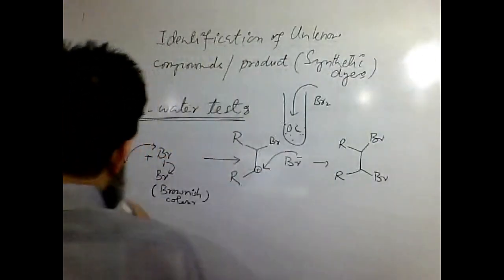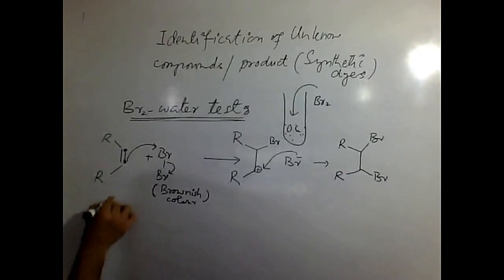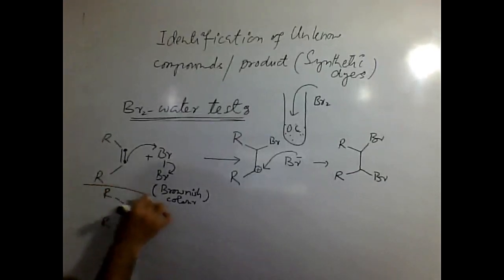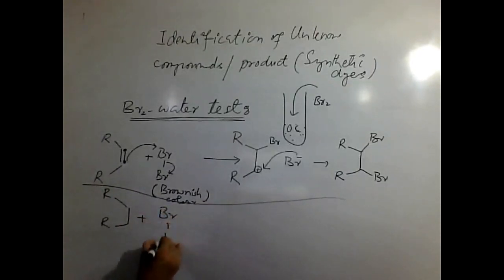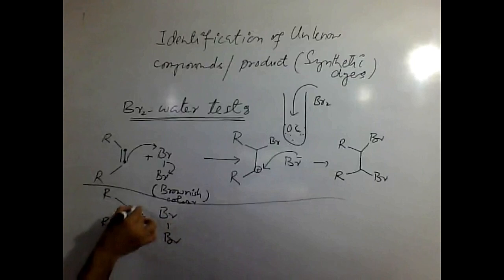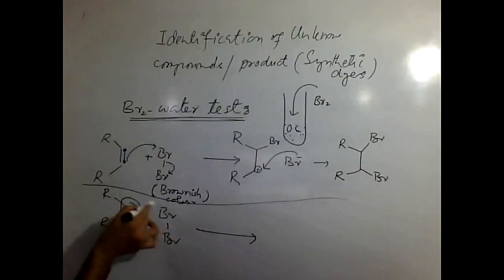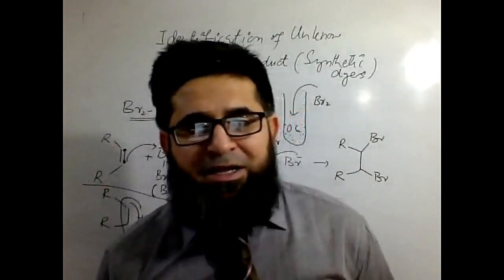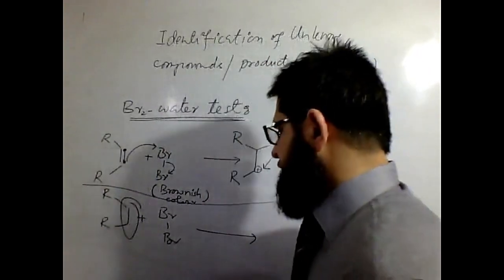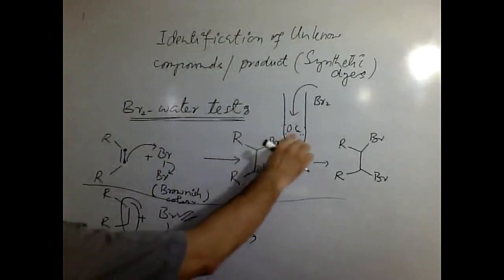If the molecule carries single bonds only, and you react it with bromine water, there is no reaction center. It can't undergo any addition. The bromine cannot add at alkanes, at single bonds, so it will remain present as such in the test tube.